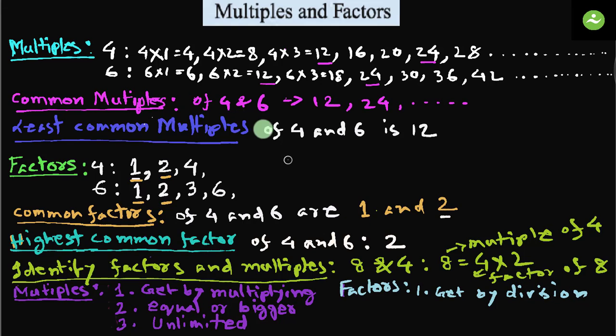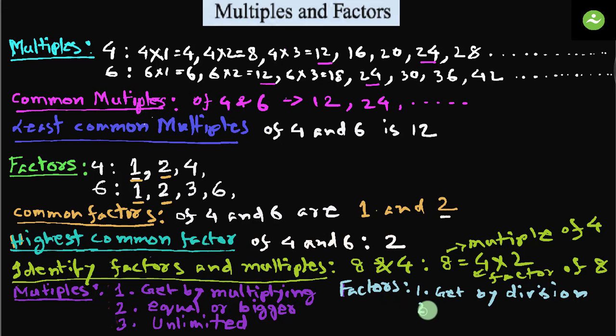Here, how we got 1 is a factor of 4: we divided 4 by 1 and we saw 4 is evenly divided by 1. So 1 is a factor of 4. 2, if we divide 4 by 2, there is no remainder. So 2 is a factor of 4. So we get factors by division.